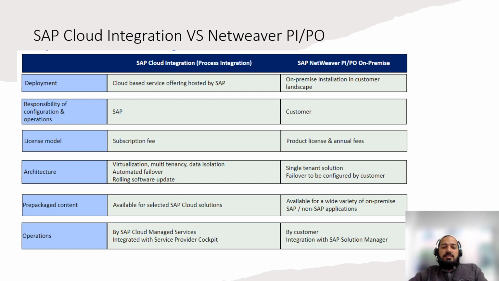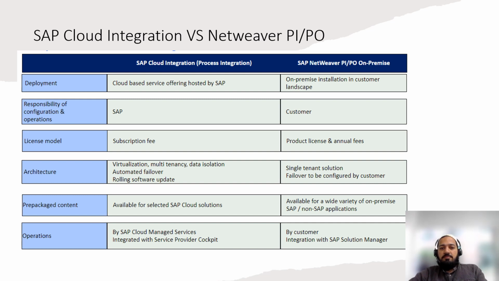What is the difference between our cloud integration, that is process integration, and our PI/PO on-prem? The deployment is cloud-based for SAP Cloud Integration, and obviously NetWeaver is an on-prem installation in the customer landscape. The responsibility for configuring the operations lies with SAP for cloud integration.